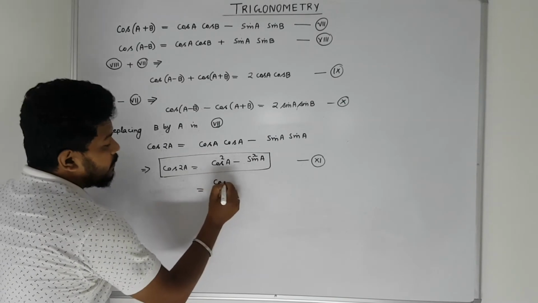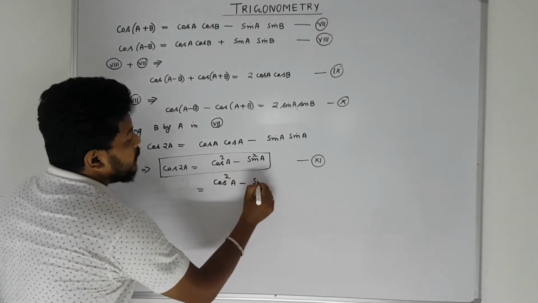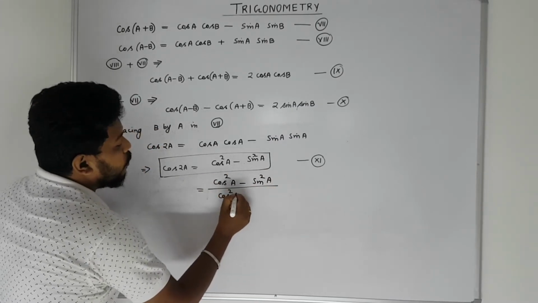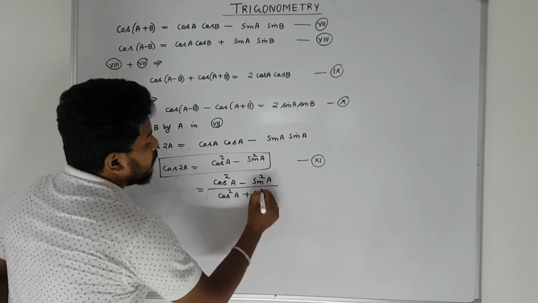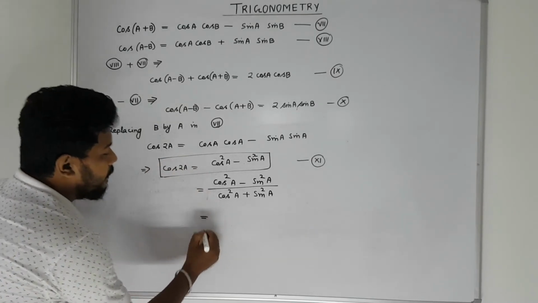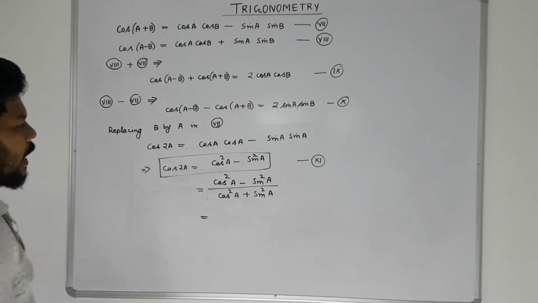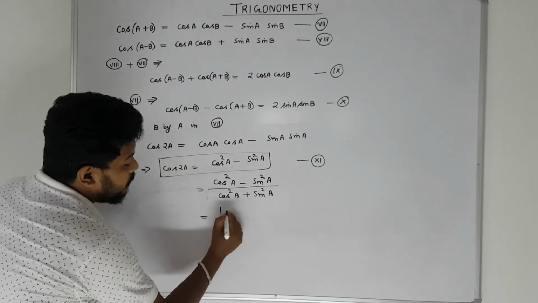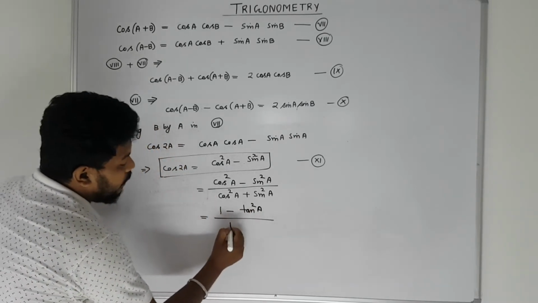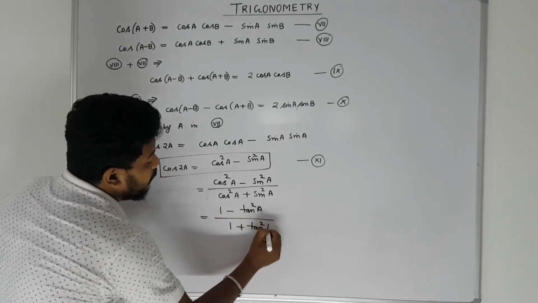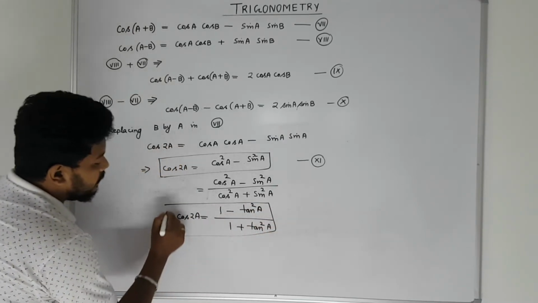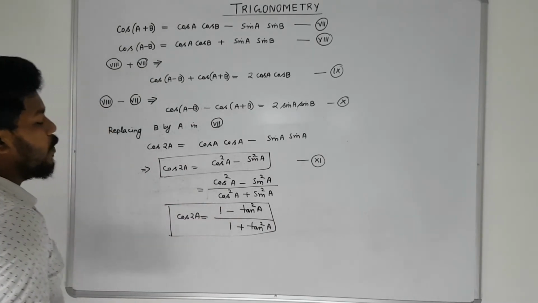I can write this as cos square A minus sin square A divided by, I can express 1 as cos square A plus sin square A. Now dividing the numerator and denominator by cos square A, I will get cos square by cos square it is 1, sin square by cos square it is tan square A. Similarly, cos square by cos square it is 1 and sin square by cos square it is tan square A. So cos twice A can also be expressed as 1 minus tan square A by 1 plus tan square A.